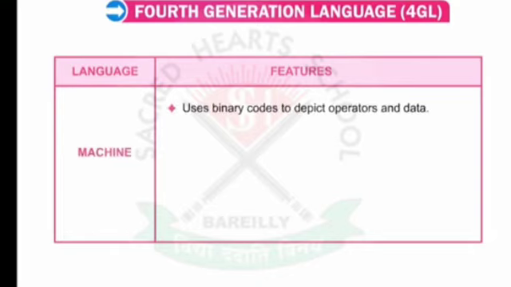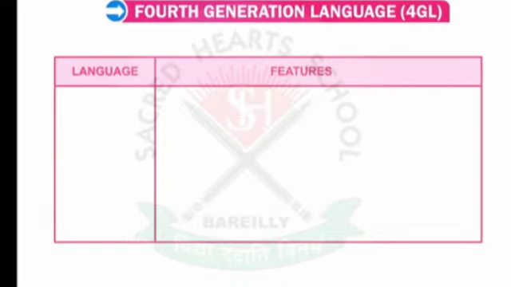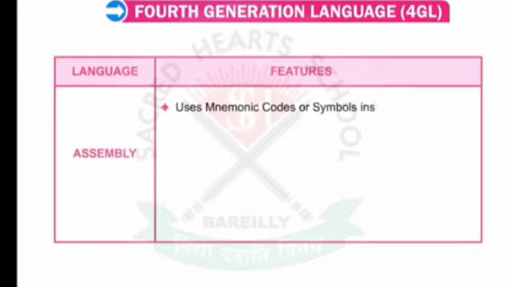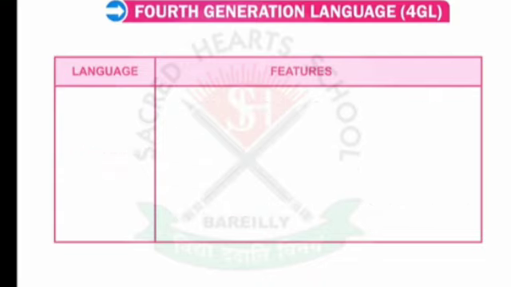Now, let us briefly sum up computer languages and their features. Machine language uses binary codes to depict operators and data. It is machine dependent and the only language directly understood by a computer. Assembly language uses mnemonic codes or symbols instead of binary numbers. It is machine dependent and has to be converted into machine language by translator programs called assemblers.